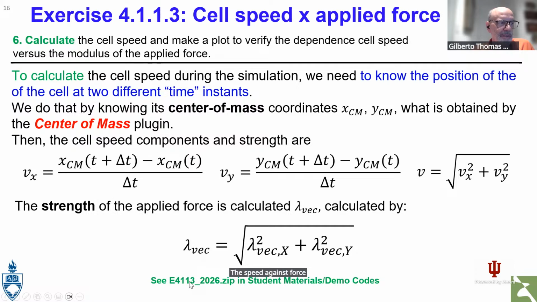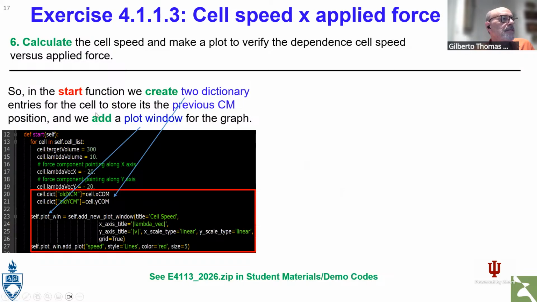This is what you have in 4113. To do that, you can follow the exercise, the code. We have to create a dictionary here, which saves the old position of the center of mass of the cell. Why?